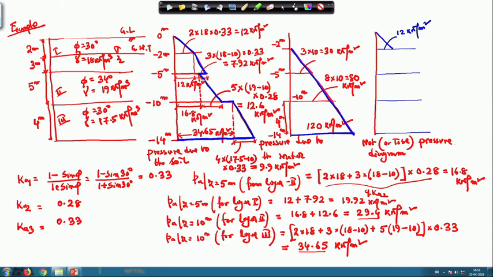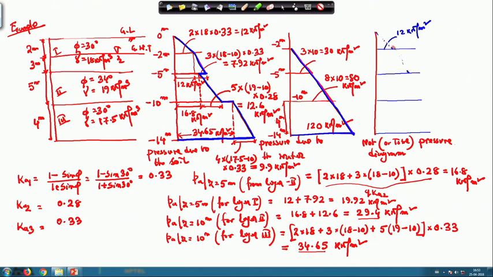Then at this 5 meter, the total is 19.92 plus 30. So, this pressure will be 49.92. Okay. So, it will just increase like this.